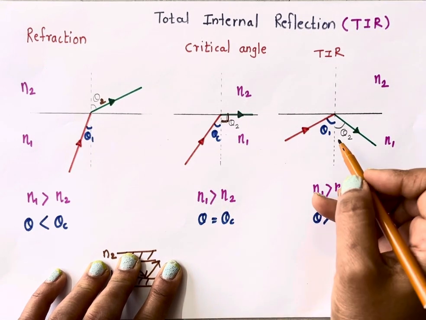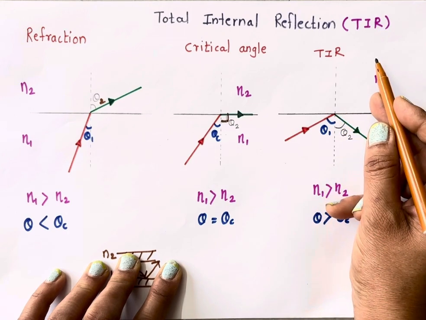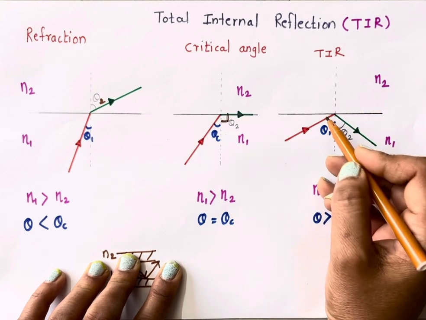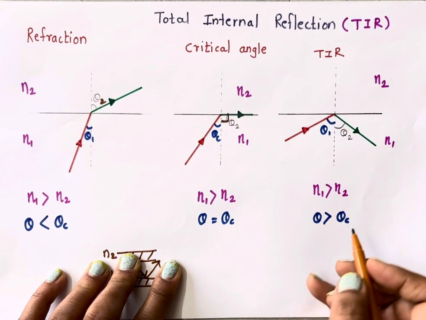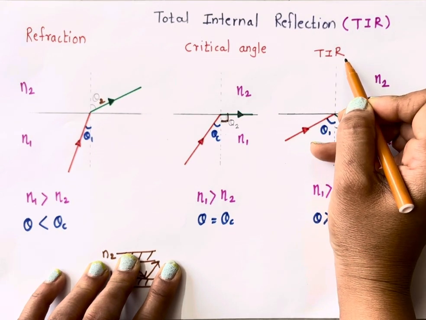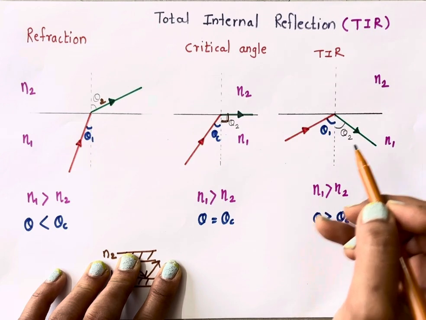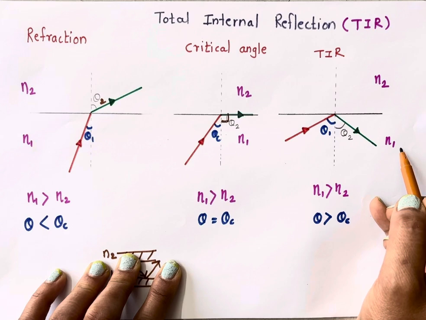And when we further increase angle of incidence, instead of refraction, instead of light ray entering into another material, it reflects back into the same material, and this is called as total internal reflection, and we need this total internal reflection to travel signal from the source end to the receiver end.